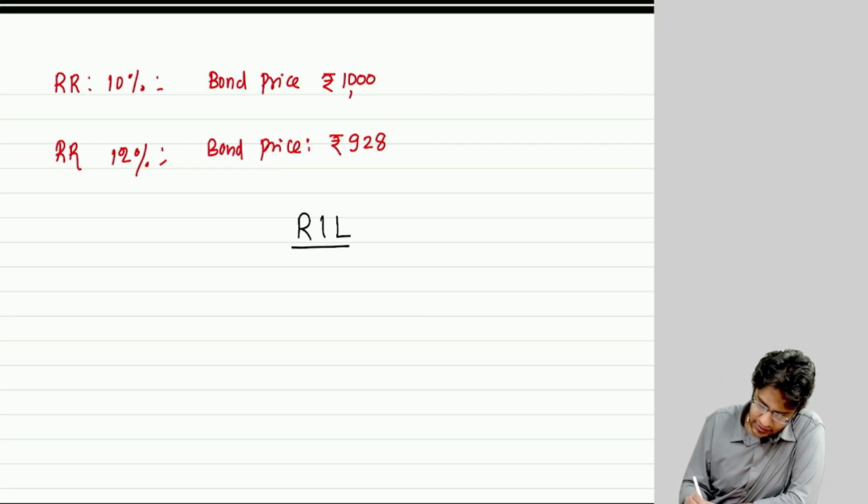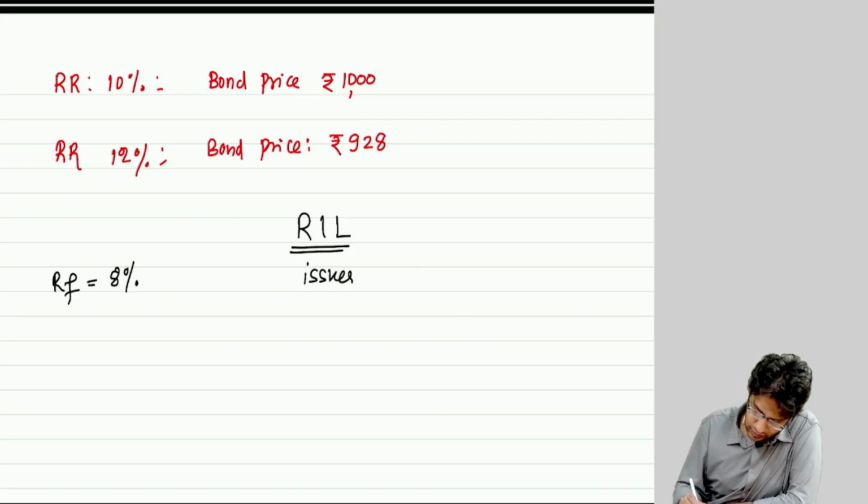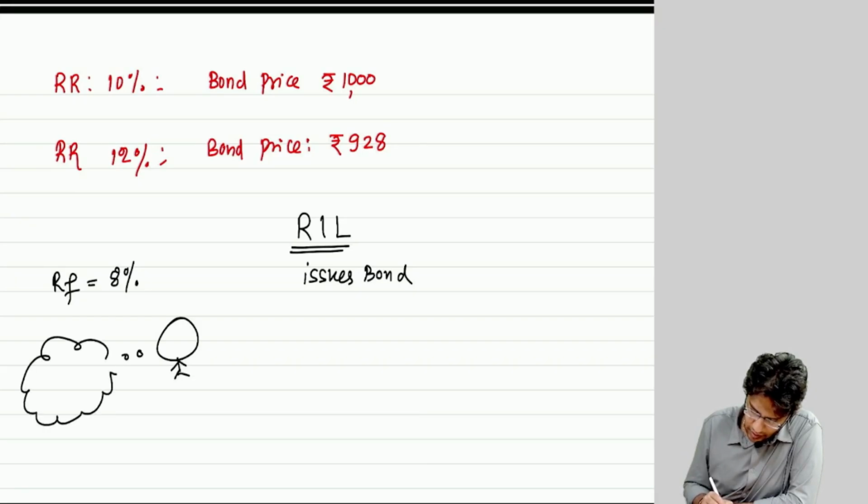Reliance Industries issued a bond. At that time, the market risk-free rate was 8%. This investor, in his mind, thinks required return is equal to 8 plus 2, which is equal to 10%.